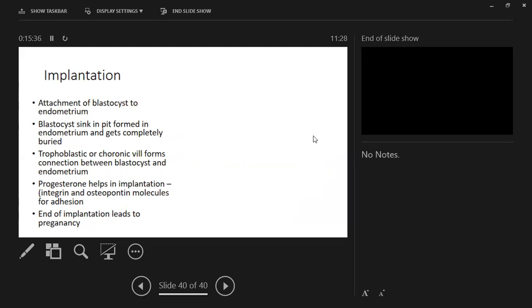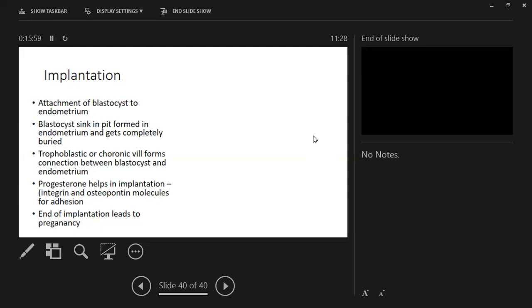Villi, you all remember? Finger-like projections in the intestine. Here they are different. Chorionic villi look zigzag, like mountains. This will form a connection with the endometrium so that nutrients can be supplied to the developing embryo.